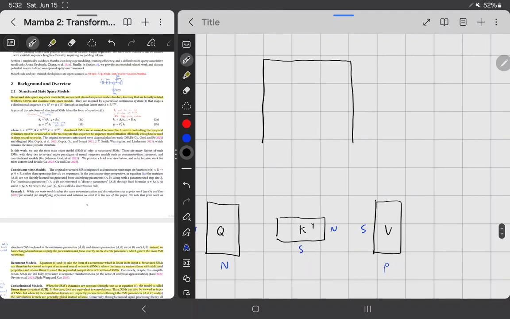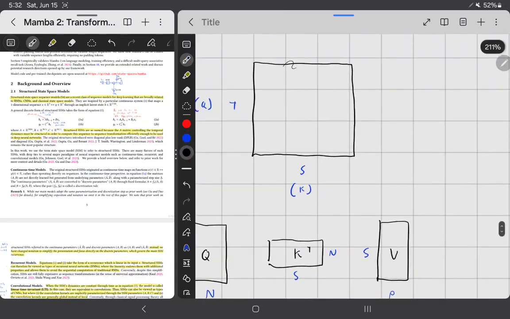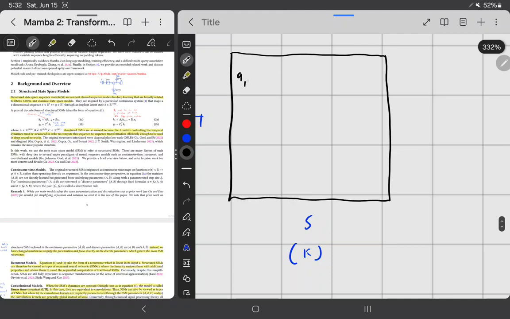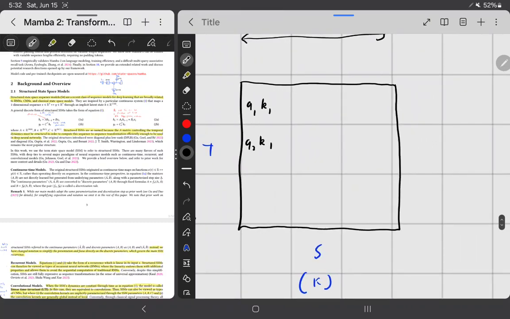So queries times keys transpose will be a T by S matrix, where this is the query dimension and this is the key dimension. What this gives you is Q1, K1 in the top left, then Q2, K1, where K is changing along this dimension and Q along the outer dimension, then Q2, K2. You keep on going until you get to Q_T, K_S, and Q_T, K1. So you can see how this is formed.